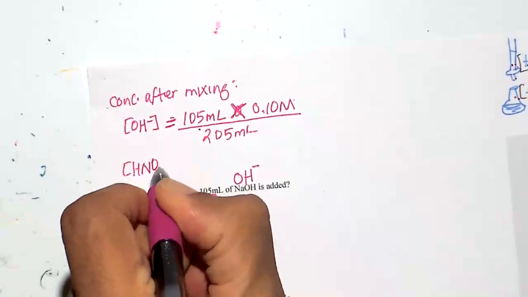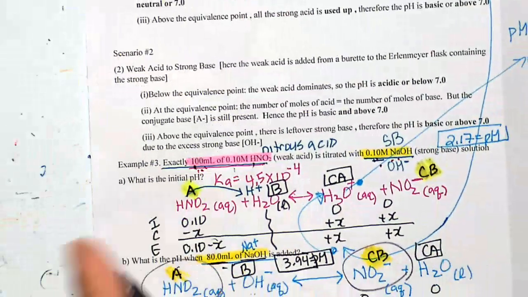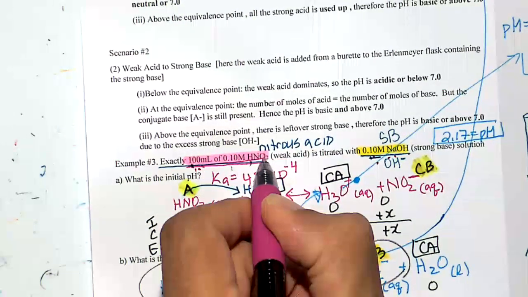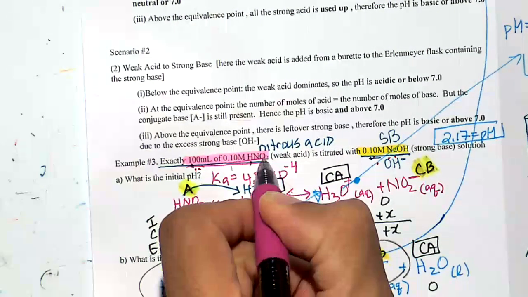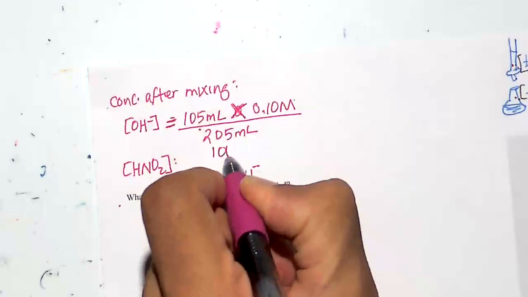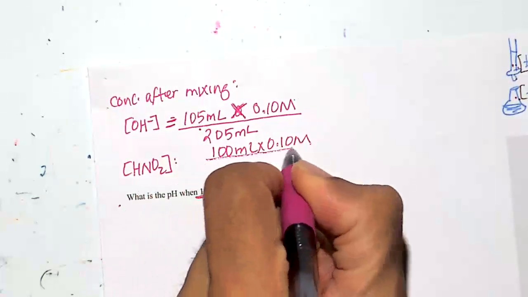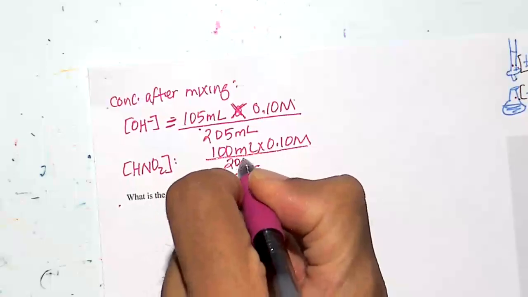Okay, and then the concentration of HNO2 after mixing. What's the concentration of HNO2 here? Okay, sitting in the flask, sitting as the titrand, is 100 mLs, 0.10 molar HNO2. And what's our total volume?